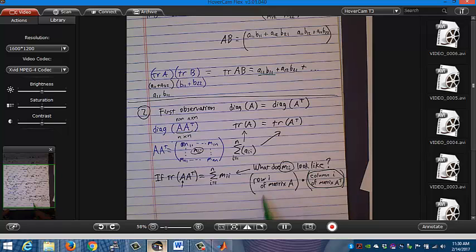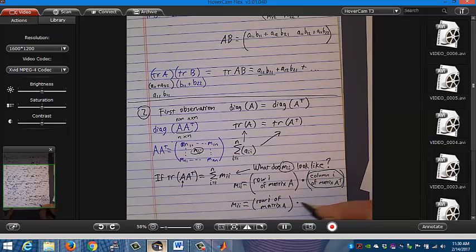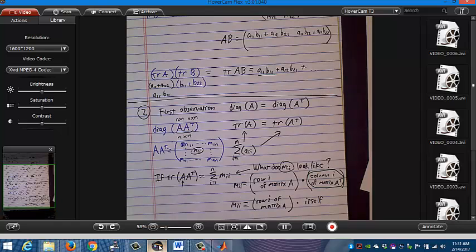It's equal to row I of matrix A. And so what we're really doing, MII is actually equal to row I of matrix A dotted with itself. So that's interesting.